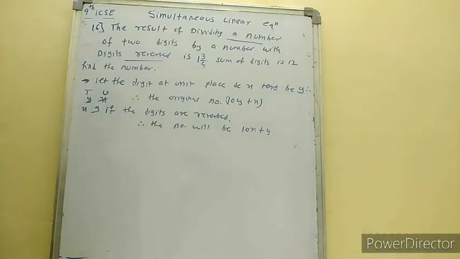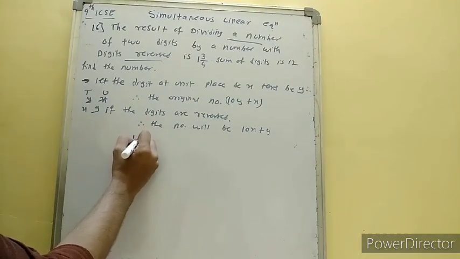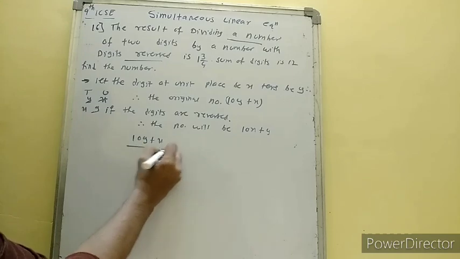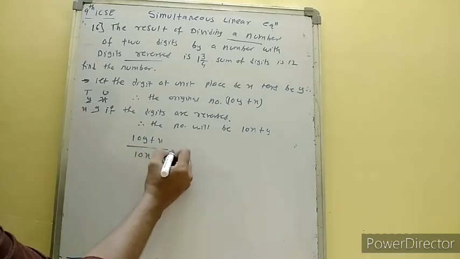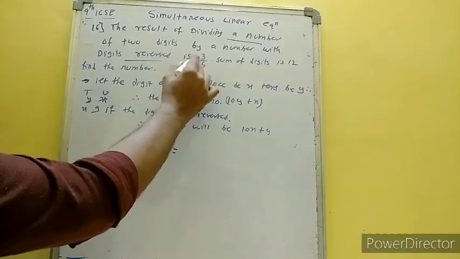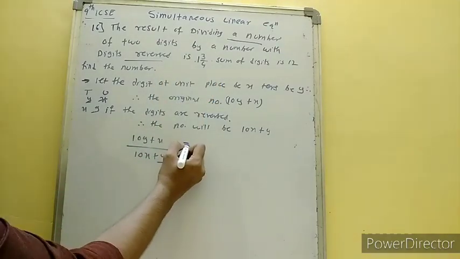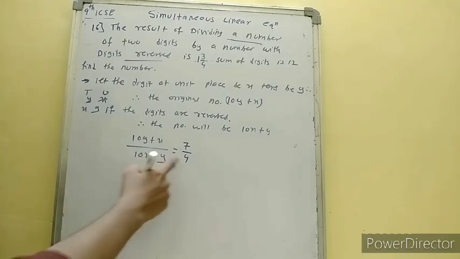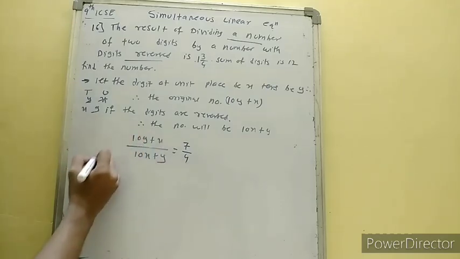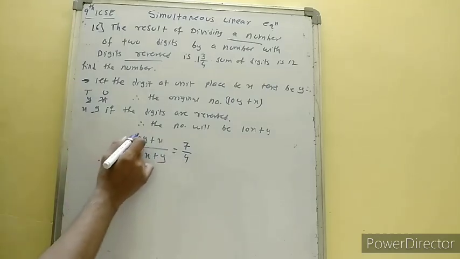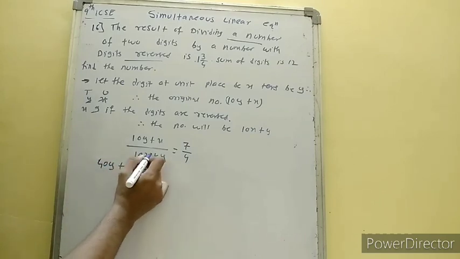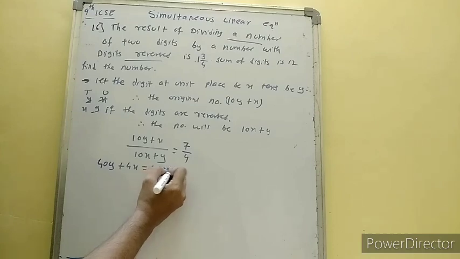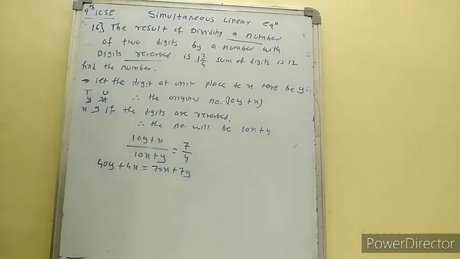So if we divide the number 10y plus x by 10x plus y, the result will be 1 integer 3 upon 4. 4 ones are 4, 5, 6, 7 upon 4. So this will go that side. We have 4 into 10y, 40y plus 4x, equals 70x plus 7y.